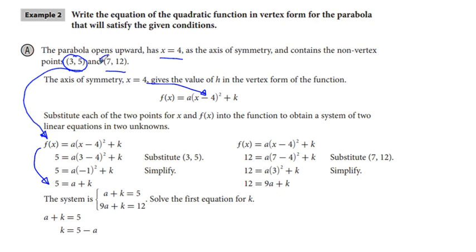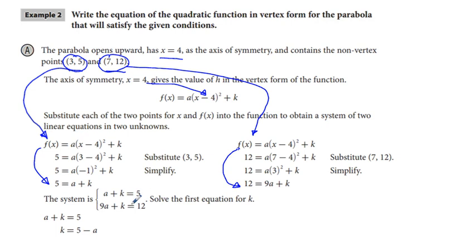And then we'll take this other point, (7, 12), and work it over here on the other side. And it will eventually distill down to 12 equals 9a plus k. And now you have 2 equations with 2 unknowns, and you can solve.